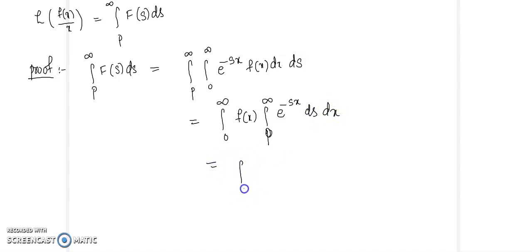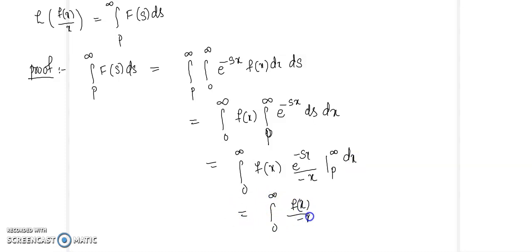Now that will be the integral from 0 to infinity of f(x), and this integral will be e raised to minus sx by minus x from p to infinity dx.